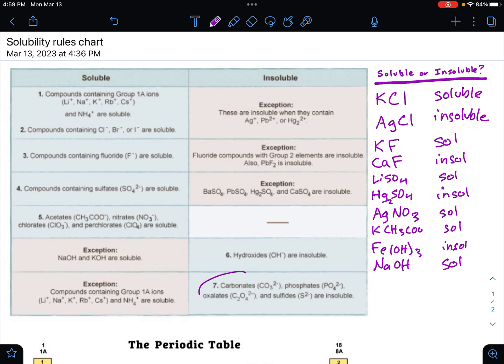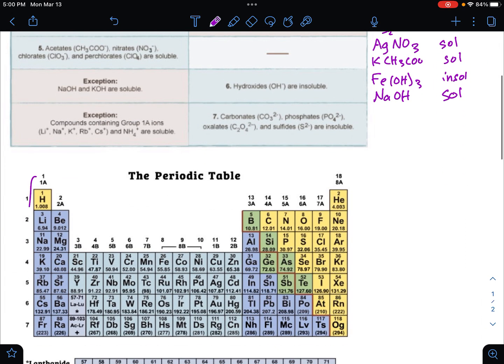All right, rule number 7, last one. Carbonates, phosphates, oxalates, and sulfides are insoluble, with the exceptions being compounds containing group 1A ions and ammonium, NH4. So remember, group 1A ions are these ones, and NH4 is ammonium.